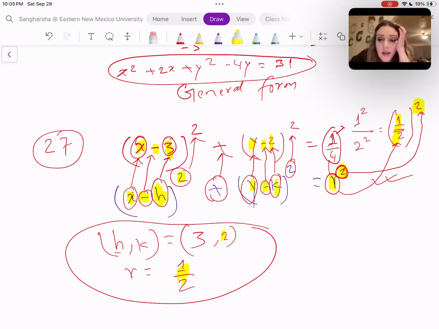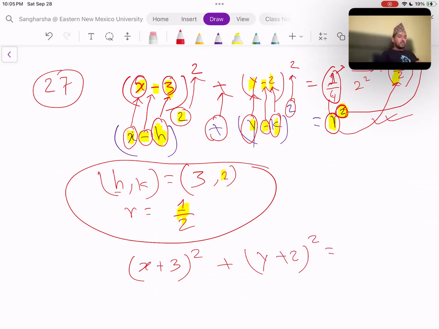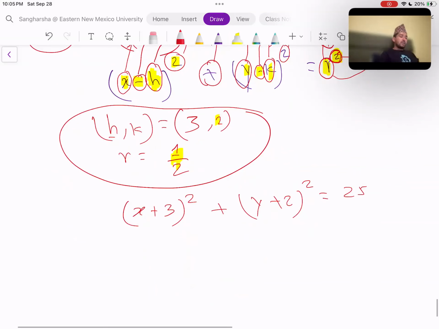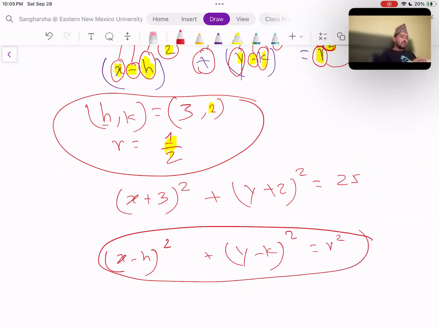And you said the negative doesn't matter, even though it's negative h, you just write a positive. Okay, now here's the thing. Let me do an example. If you had something like (x plus 3) squared plus (y plus 2) squared equals 25, let's compare it with (x minus h) squared plus (y minus k) squared equals r squared.